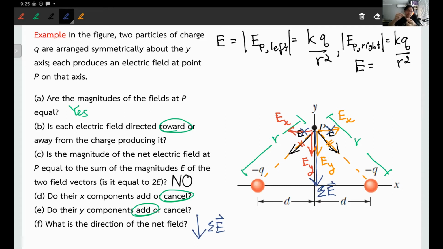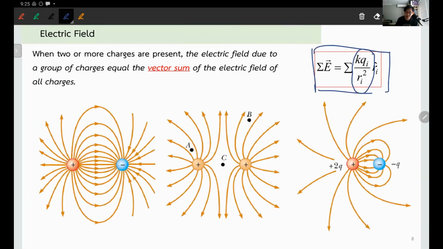Second, measure the distance from the charge originating the field, and we name the distance R. Once you know R, you use kQ over R squared to determine the magnitude of the field. Third, if you have a bunch of these electric field vectors, you have to do the vector summation. It has to be summed using the vector summation.